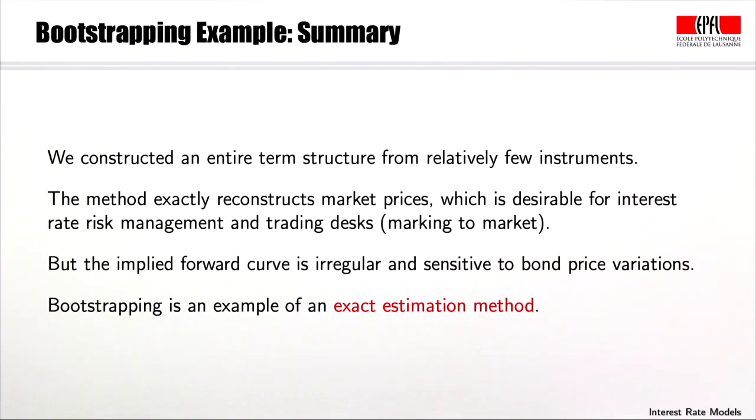The method exactly reconstructs these market prices, and this is desirable for interest rate risk management and trading desks because they have to mark their books. But the implied forward curve is irregular and sensitive to bond price variations. Bootstrapping is an example of an exact estimation method.